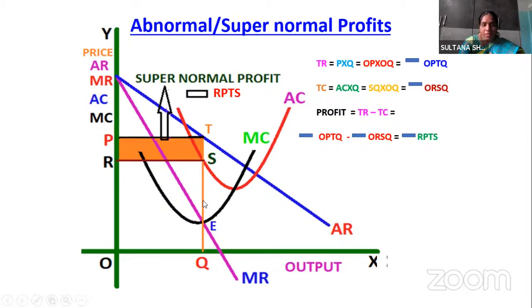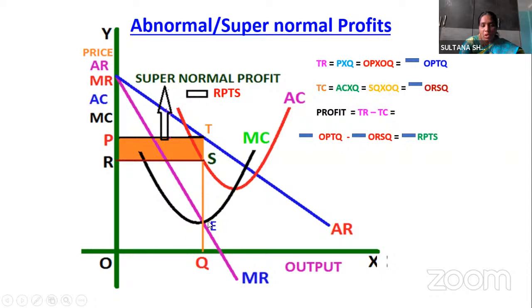The first condition for firm equilibrium is MC equal to MR. Now here you can observe the MC, the black U-shaped curve. Cost curves are usually U-shaped.